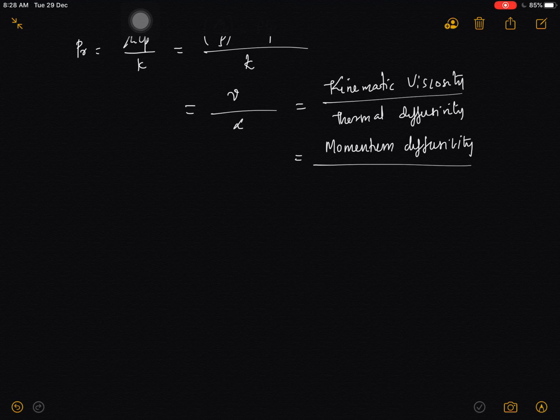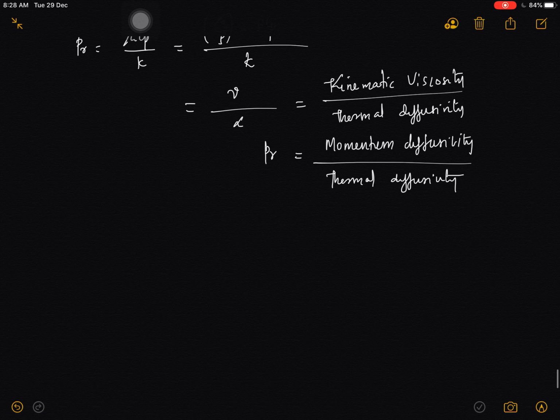And by analyzing the thermal diffusivity value, we will know how effectively the heat is transported through this particular fluid. So the Prandtl number gives the ratio of momentum diffusivity to thermal diffusivity.